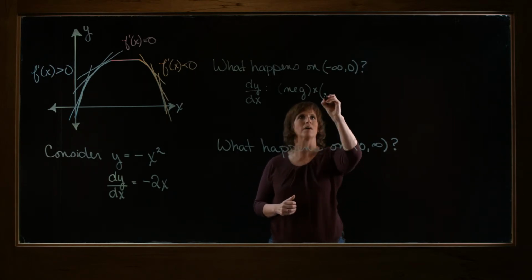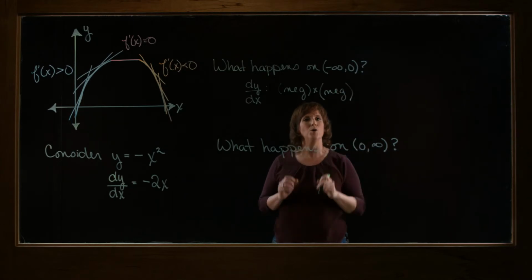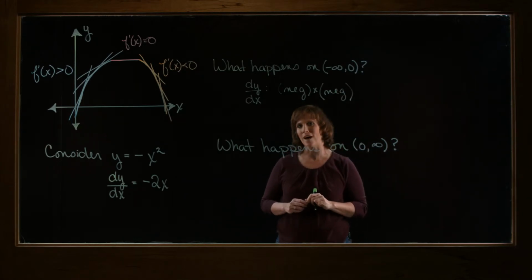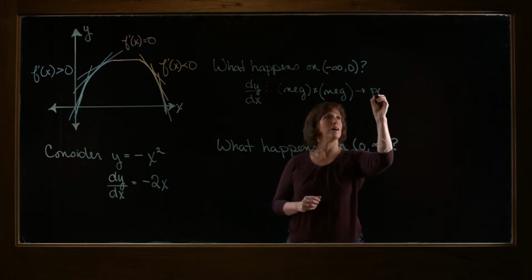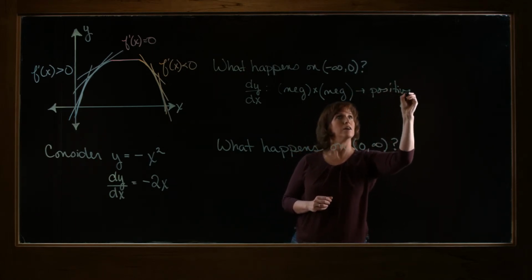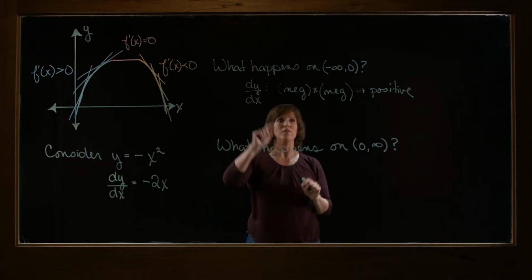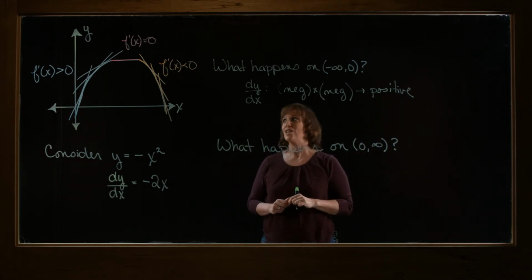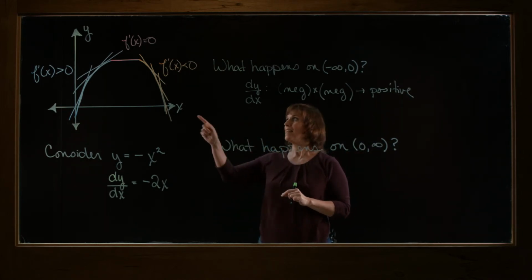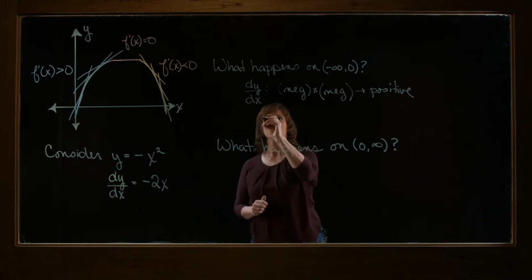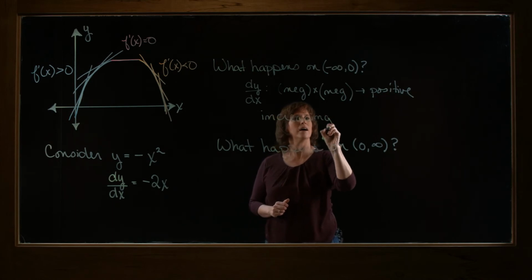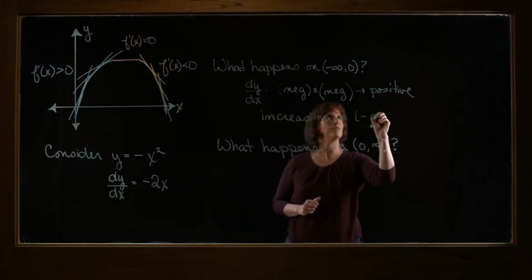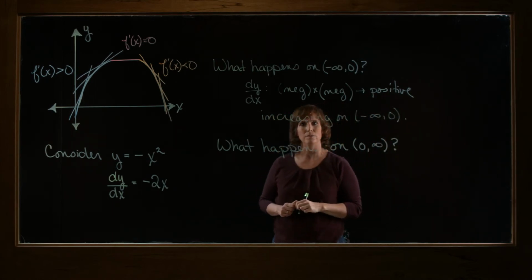A negative number. When you multiply two negative numbers together, what kind of number do you get? A positive. So that tells me that my derivative is positive. And I know that means that I have an increasing graph. So my graph is increasing on the interval from negative infinity to 0.